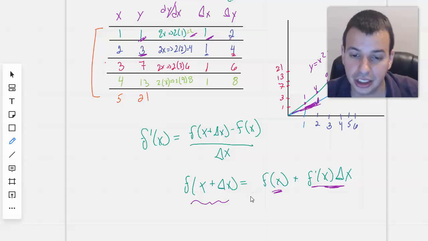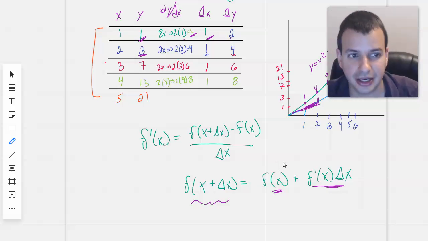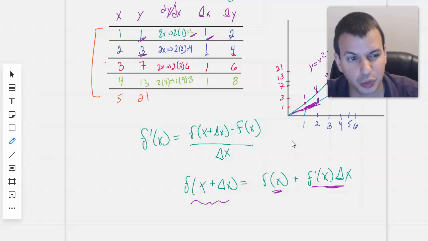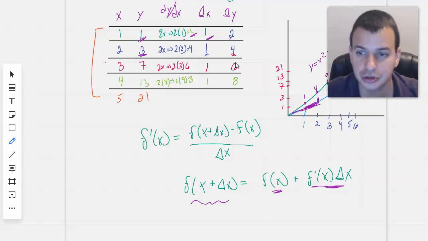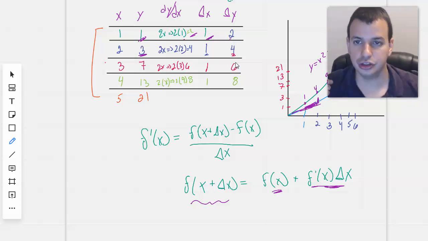And so what we did was we just used the definition of a derivative, but instead of saying the limit as delta x, or h, goes to 0, we actually gave it a real value. In this case, we gave it 1.